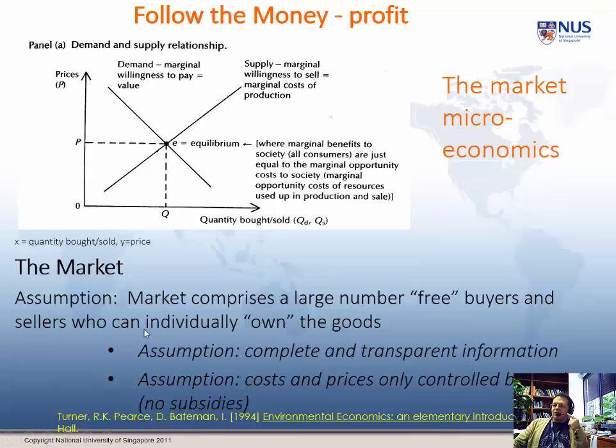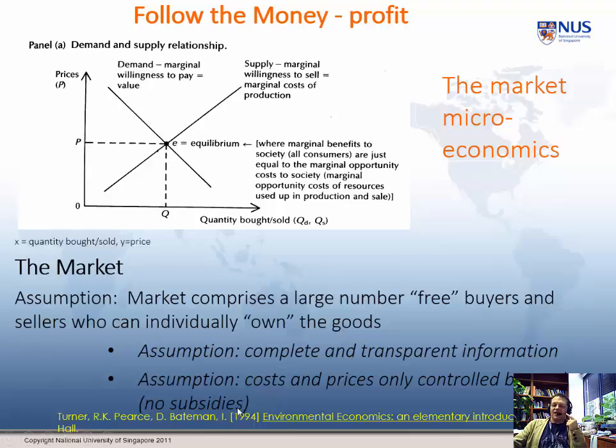The market is also based on the assumption of complete and transparent information. I'll give you an example. If you go to the wet market to buy apples, you get to look at them. You can pick them up. I wouldn't take a bite out of it, you might get in trouble, but you can look at it and compare one apple to the other apple. So you've got pretty much complete and transparent information on which to base your decision as to whether you're going to buy this apple or that apple over there.